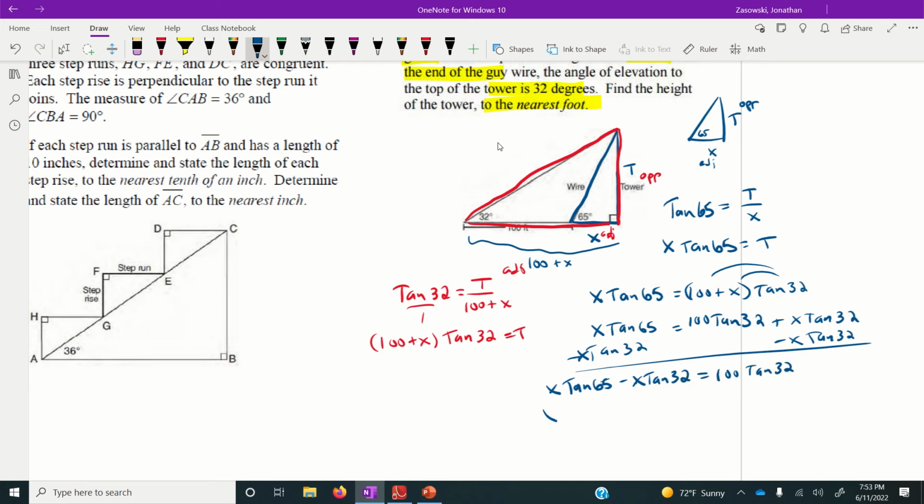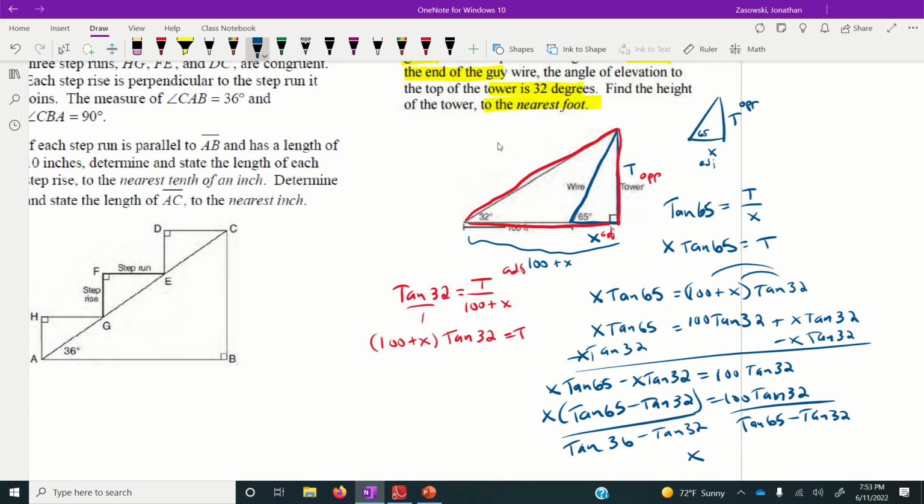Now we can undistribute the x to get this. And then I can just divide both sides by what is in the parentheses there, so the tangent of 65 minus the tangent of 32. And this will give me the value of x.